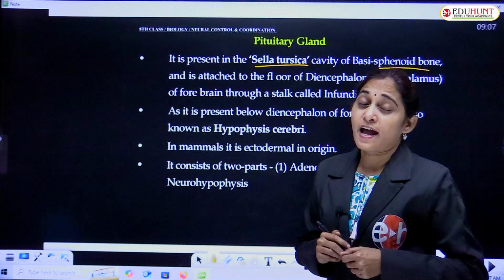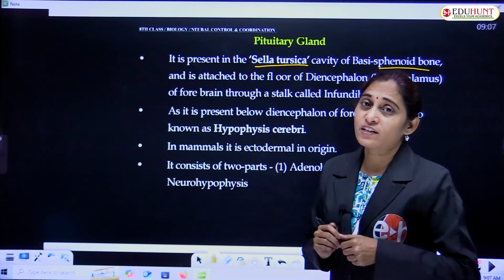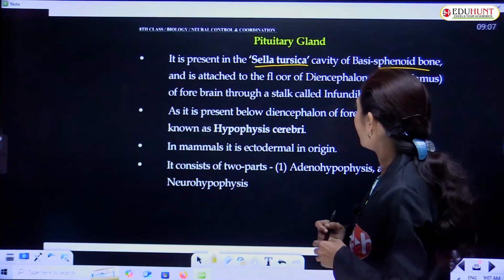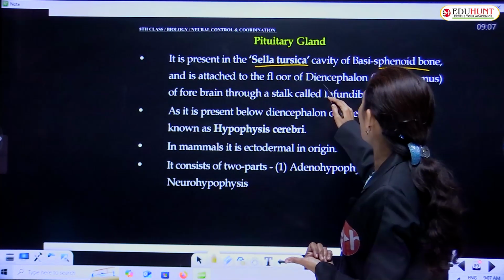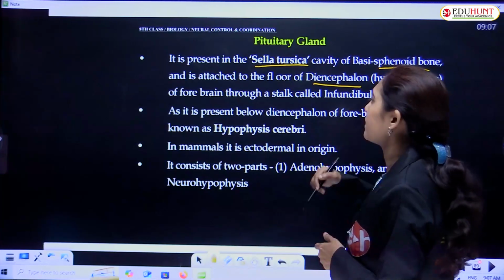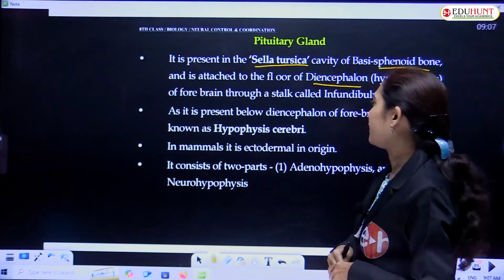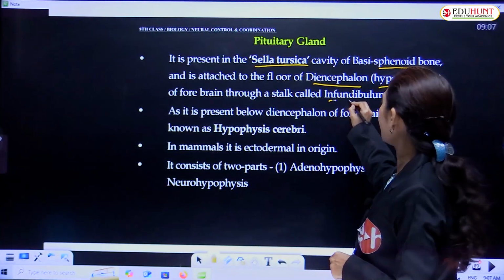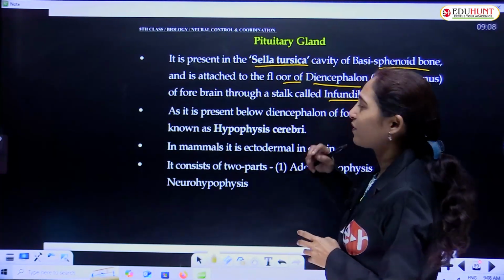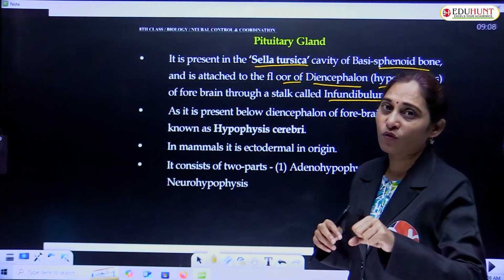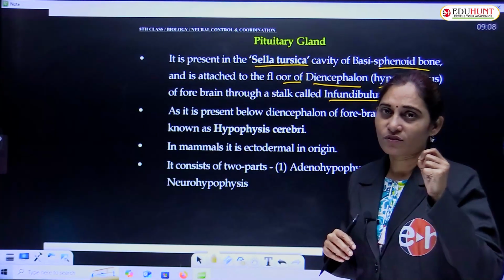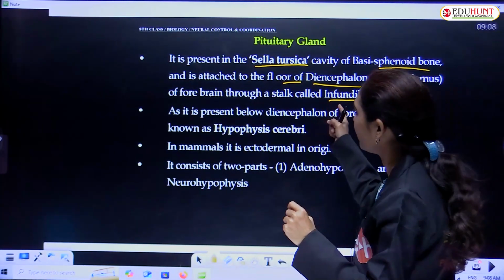It is attached to the floor of the diencephalon. Diencephalon is a part of the brain, the forebrain. The floor of the diencephalon is called the hypothalamus of the forebrain, and the gland is attached to it through a stalk called the infundibulum.